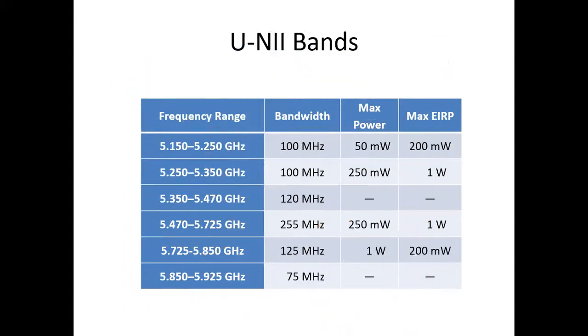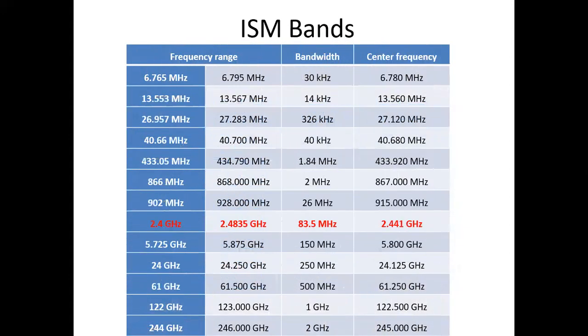These are the two sets which are unlicensed frequency ranges. However, these are internationally agreed on, but all countries don't allow all of them. Some of these frequency ranges are not allowed in some countries. So if you want to use a particular frequency range in a particular country, you have to check if it is allowed in that country.